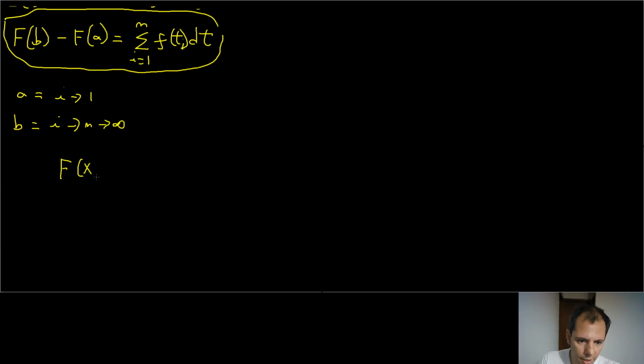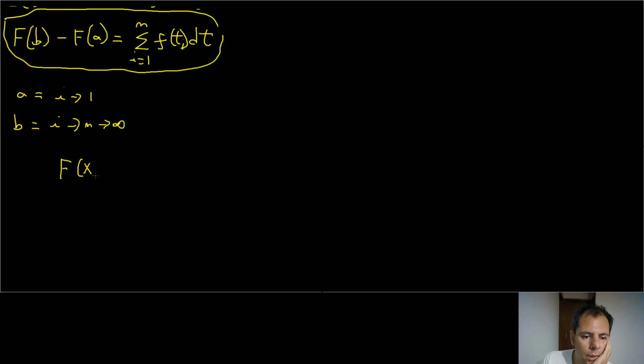So here you have f of b. Let me see here. I'm just thinking about the notation to make it easy for you guys to understand.